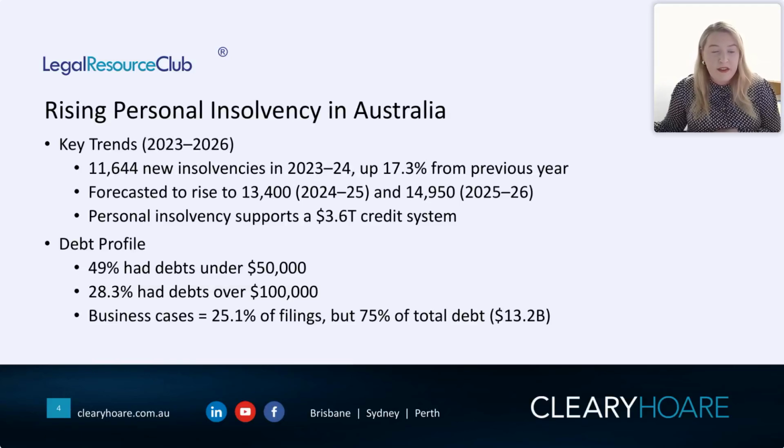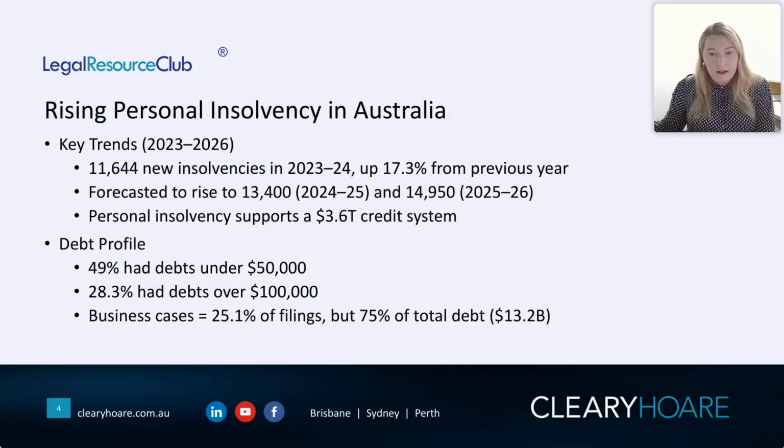A couple of interesting statistics on the profile of the different debts that are giving rise to these bankruptcies. Nearly half of the debts were fairly small in the grand scheme of things, under $50,000. 28.3% of all of the bankruptcies were over $100,000, with the balance being between that $50,000 and $100,000 mark.